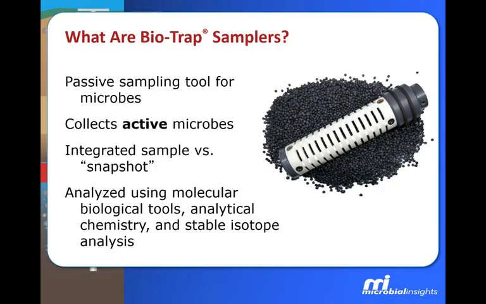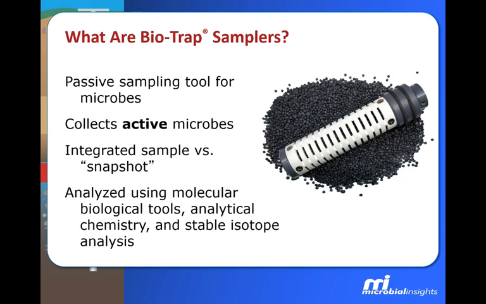Thank you, Dora. As Dora said, what we'll be talking about today are applications of biotraps, particularly for environmental site diagnostics. And for those of you that aren't familiar, I'm sure the first question you have is, what is a biotrap? Basically, a biotrap is a passive sampling tool for microorganisms.